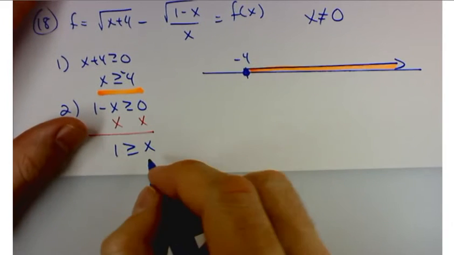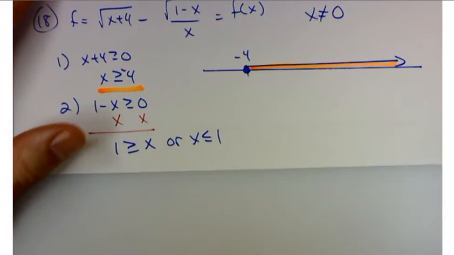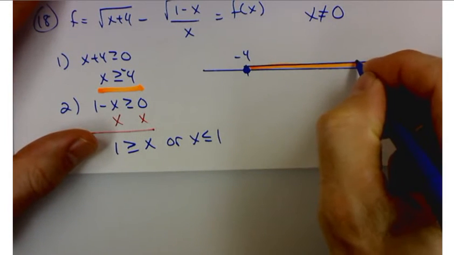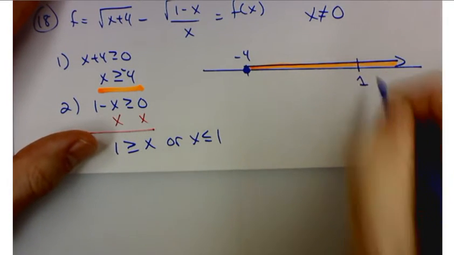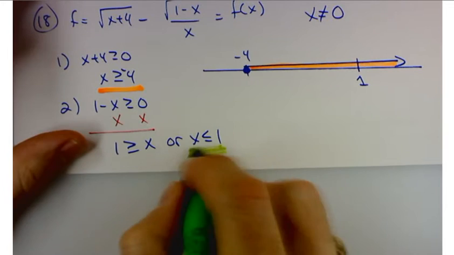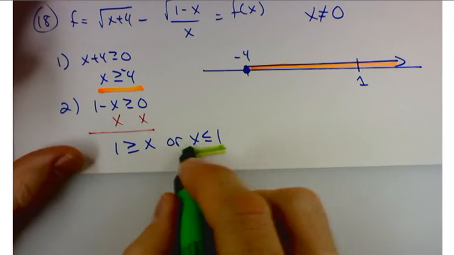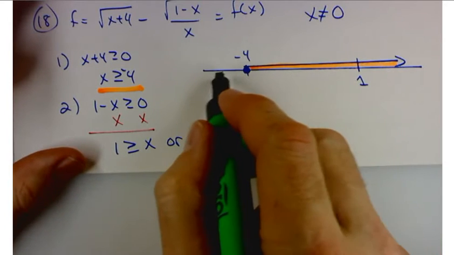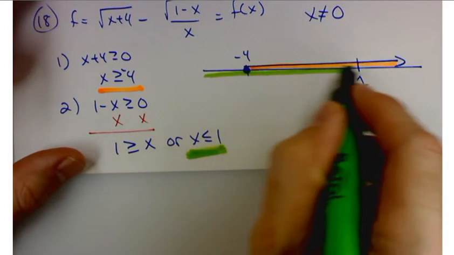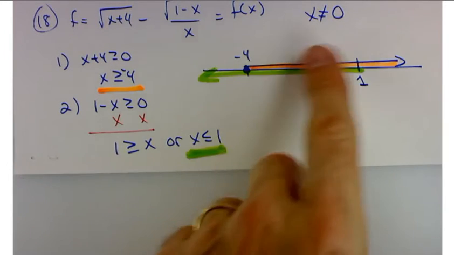Maybe it's more convenient if I write this in a different way: x is less than or equal to 1. So that would be here, a 1. And I want everything to the left of 1. That's going to be this direction. And I'm going to have to throw out 0.